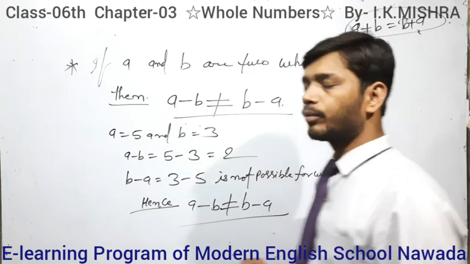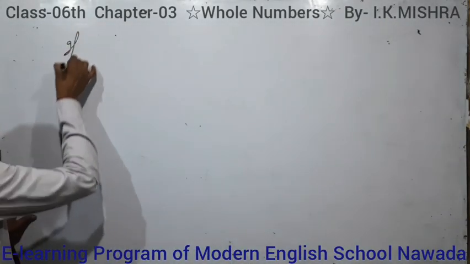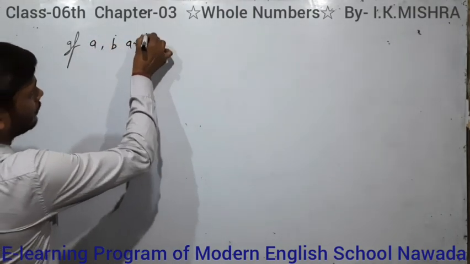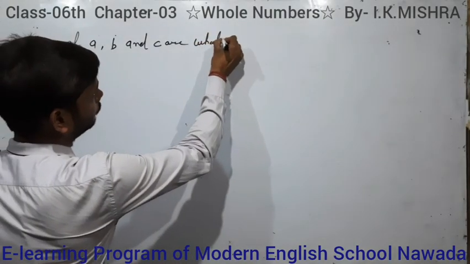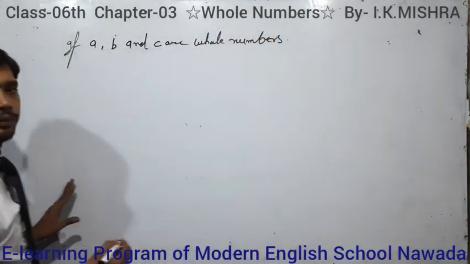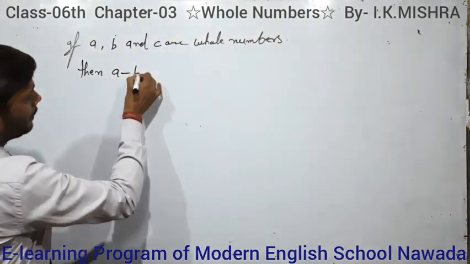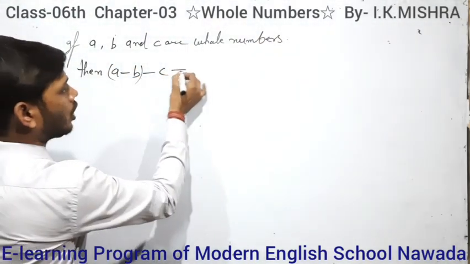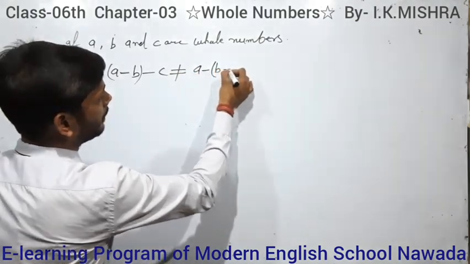Friends, your next property is, if A, B and C are whole numbers, then (A minus B) minus C is not equal to A minus (B minus C).